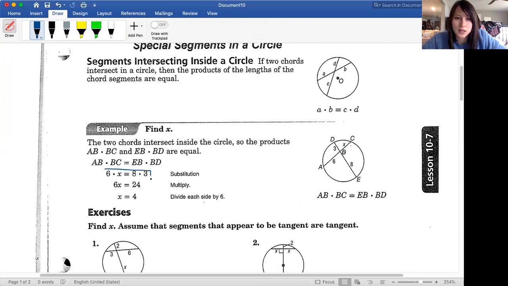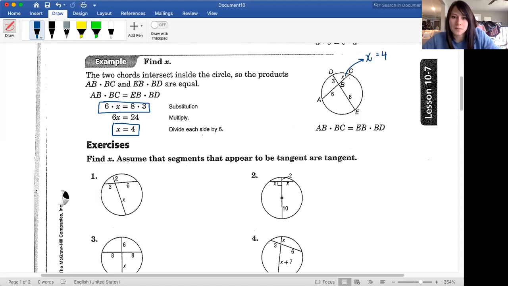So that's written right here, and the products should be equal. So 6 times whatever should equal the same thing as 3 times 8. And 3 times 8 is 24. So if we work backwards and get x, x is 4. And so those products are going to be the same.